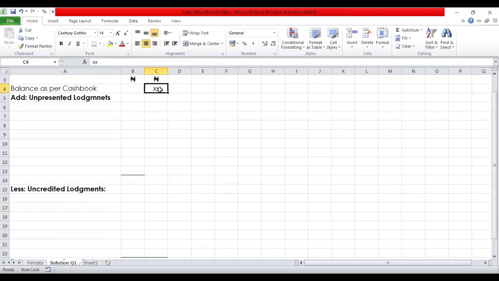From the question, 502,000. Balance as per cash book. It's 502,000. 502,000, Abi. Yes, sir.